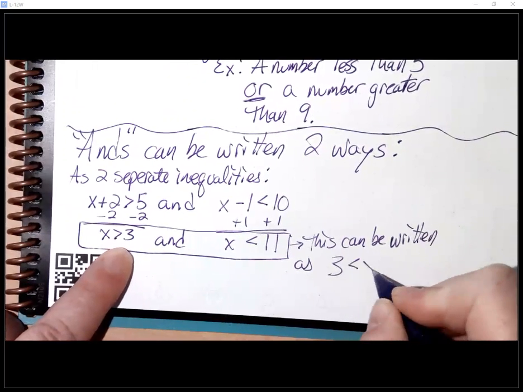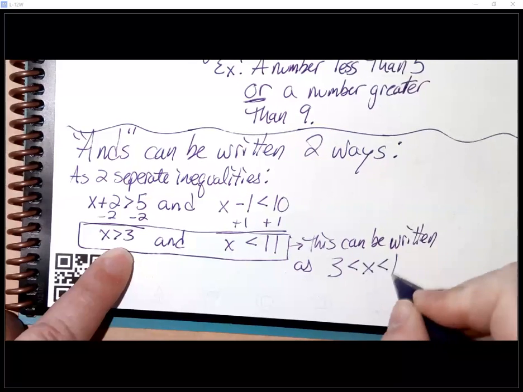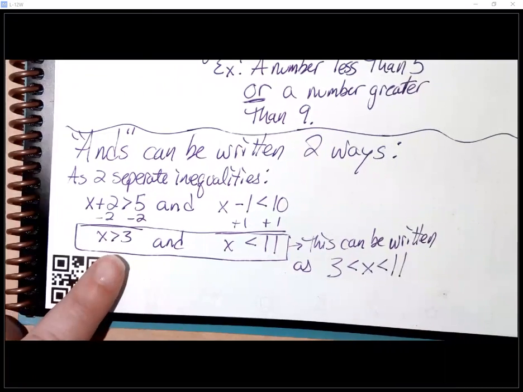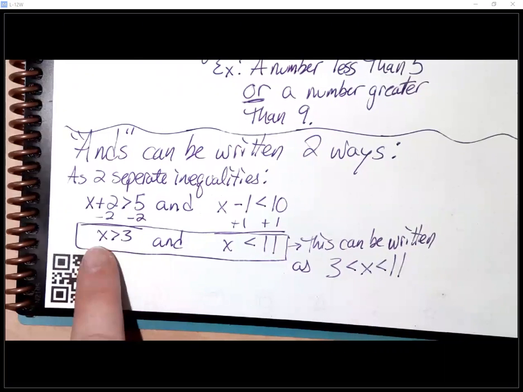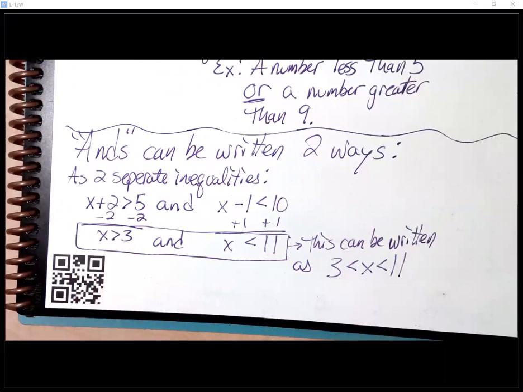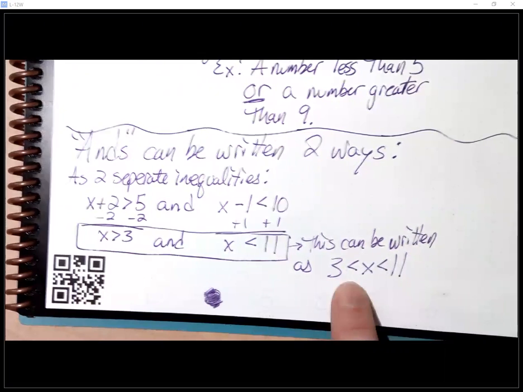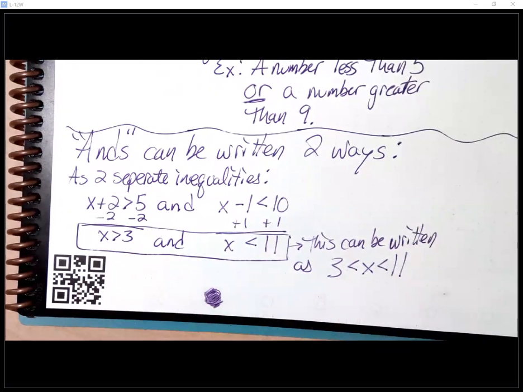I've got the x, and then I put my bigger number over here. That is the same exact thing. So you could just write this, or you could write all of this. Samesies, but you got to make sure that somehow you're indicating that it's an and, either writing it as an and sandwich or with the word. Okay, so that's one way to write it as 2 separate inequalities.